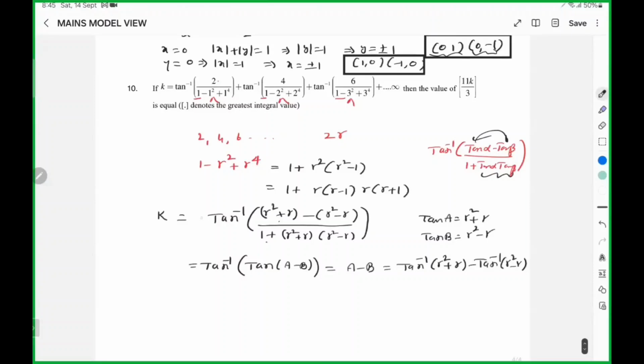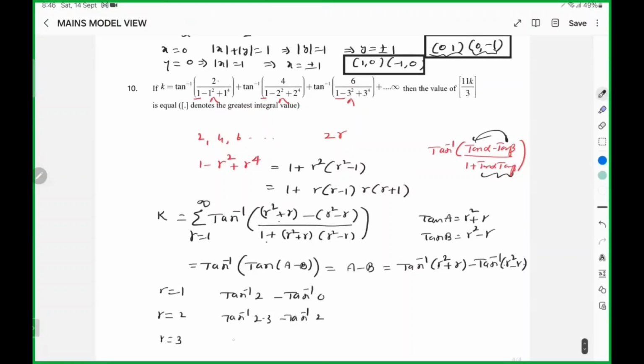Now k is in fact sigma, r runs from 1 to infinity. If you take r as 1, you have tan inverse 2 minus tan inverse 0. R as 2, tan inverse of r into r plus 1, 2 into 3, minus tan inverse of 2 square minus 2, that is 2.